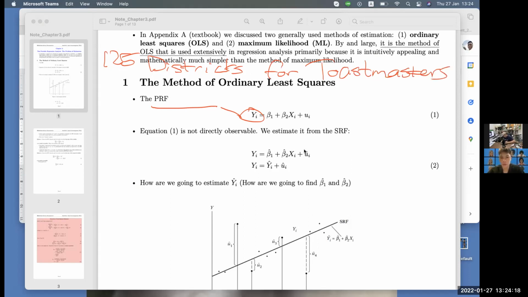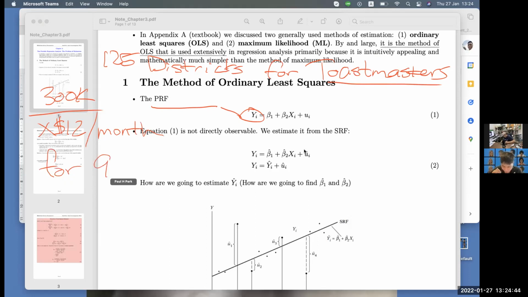There are about 300K members, and each one of them has been paying about... So this is about wage, huh? This is about wage, right? No, this is a club. Toastmasters is the nonprofit public speaking club. Okay. So can you do some math for me?